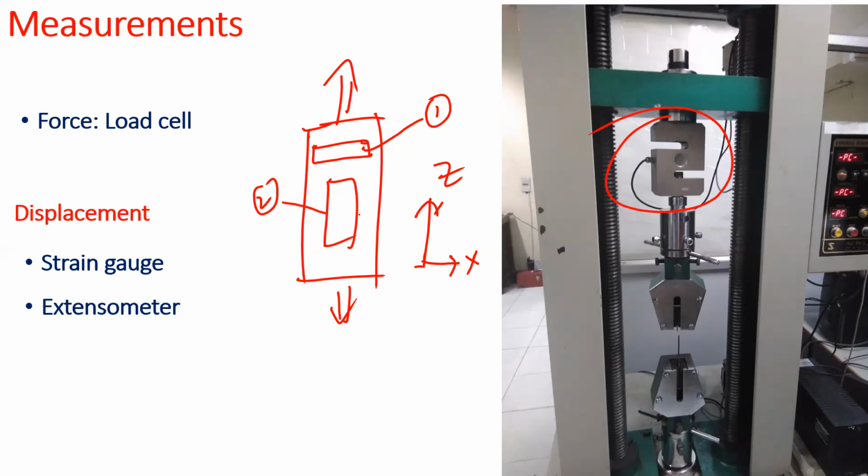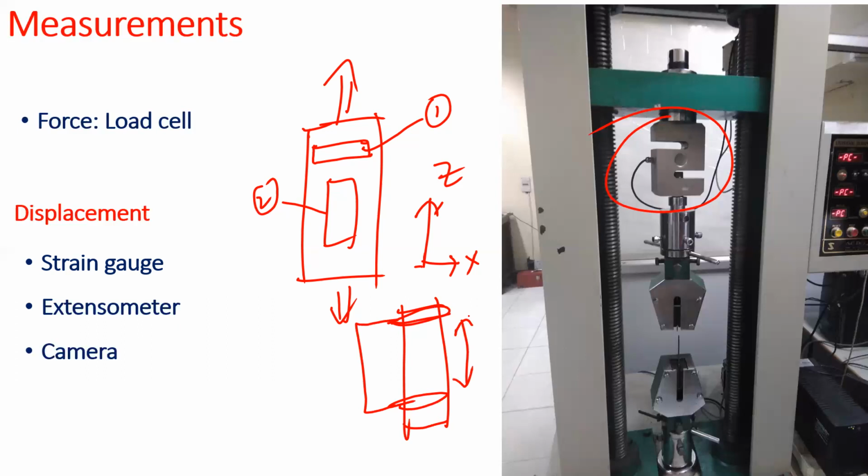The second one is what is called an extensometer, which will also do what a strain gauge does. Just that instead of putting it over an area, you simply stick it around two places, and this is your device. So this will measure the change in length in the gauge length region. So extensometer typically measures the axial strain only, or changes in displacement along the axial direction.